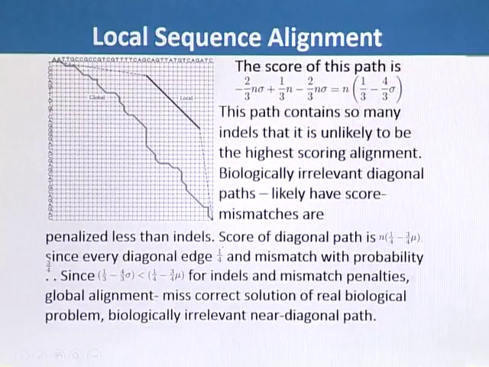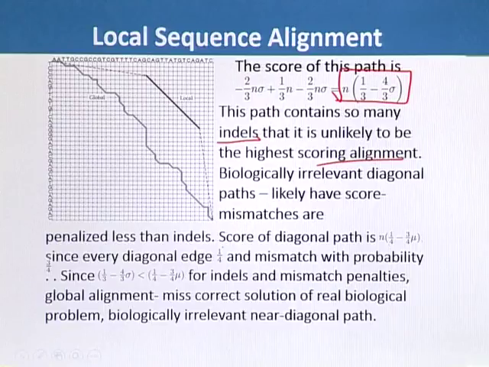So again we can see here we have this derivation of the equation, and we can see that this path also contains so many indels that it is unlikely to be among the high scoring alignments. So biologically irrelevant diagonal paths likely have mismatches, and these are penalized less than indels.